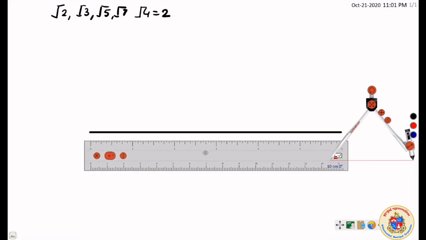I'm trying to draw a number line and I have to mark the minimum required units on that. Let 0 be here, 1 here, 2 here and 3 here, minus 1 here, minus 2 here and minus 3 here.